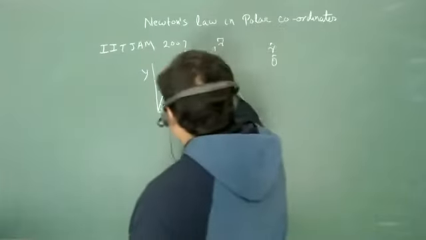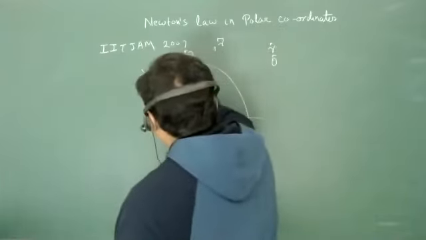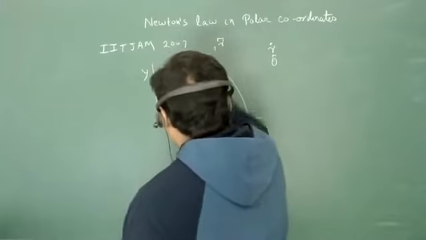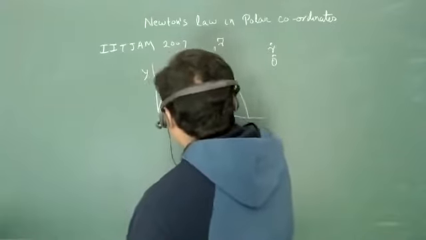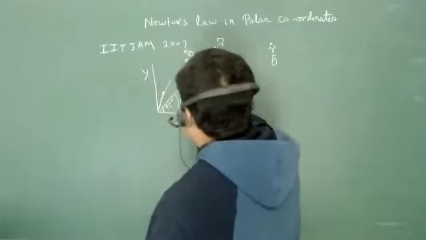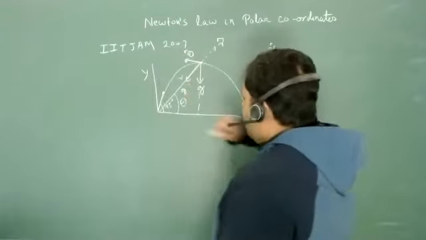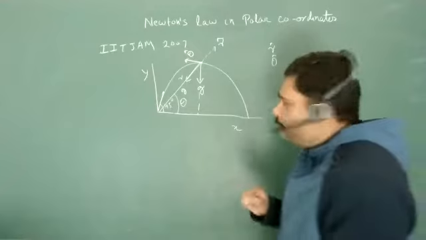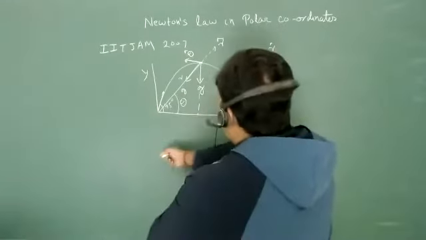So what will be this value? This value is G. Suppose this angle is theta, then this is 90 minus theta. So what is this value? G sin theta.